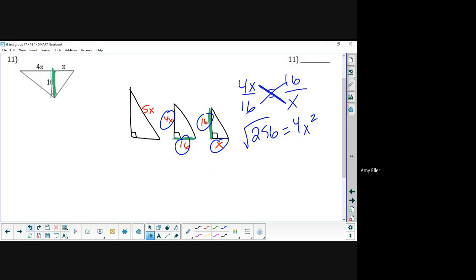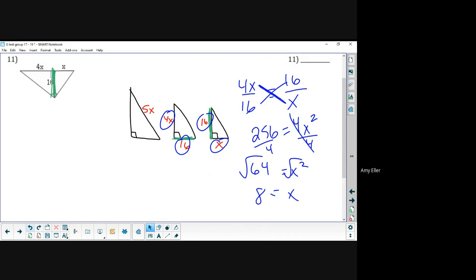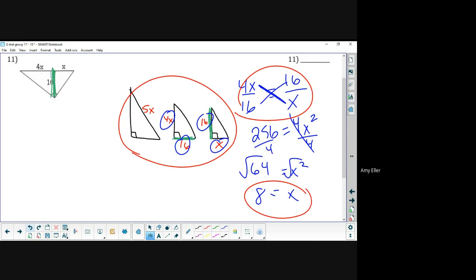What I do is I divide by the 4 first. So I just have x squared. And then I square root both sides. Either way, you get 8. The hard part is this, so go slow on this, but show this and your answer.